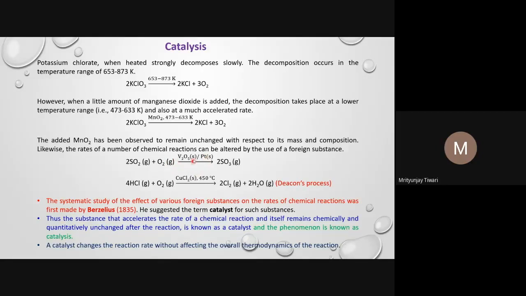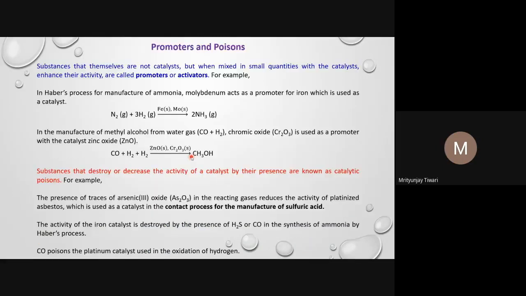So later on people started using vanadium pentoxide, because the arsenic impurity that goes with the reacting gases actually poisons the platinum catalyst in the contact process for the manufacture of sulfuric acid.